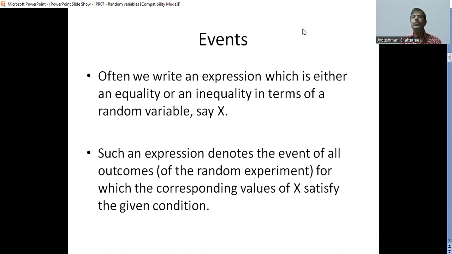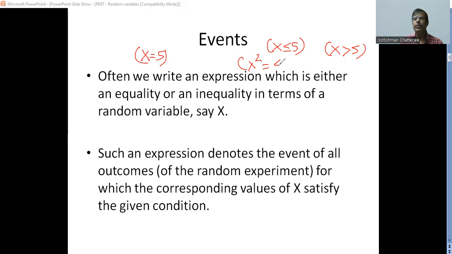Often, we need to consider events written in terms of random variables. An expression of random variable X, let me give some examples. Say X equal to 5, or X less than or equal to 5, or X greater than 5, or X squared equal to 4.